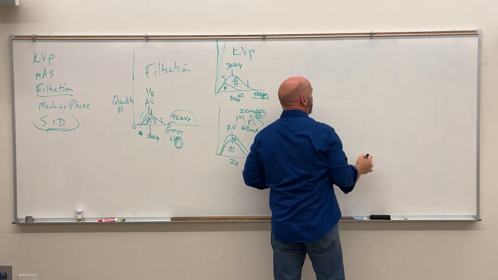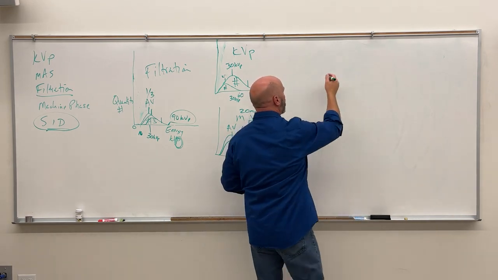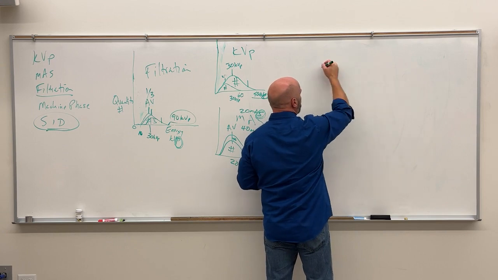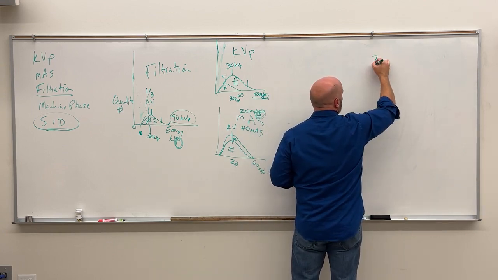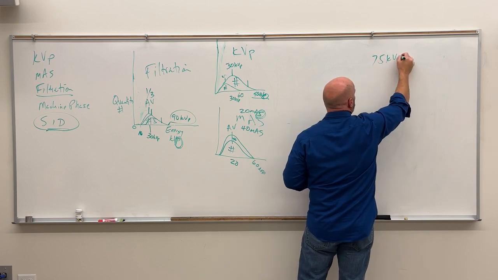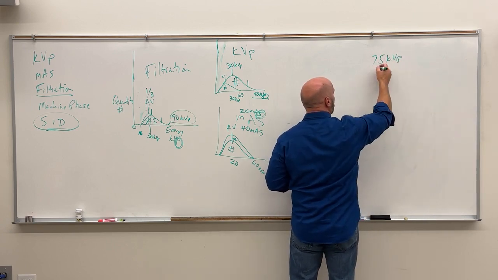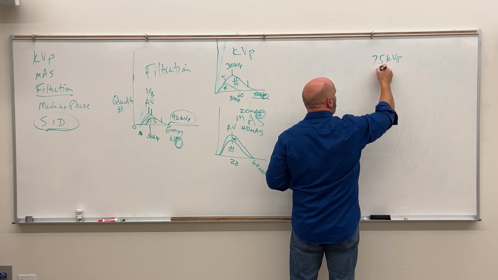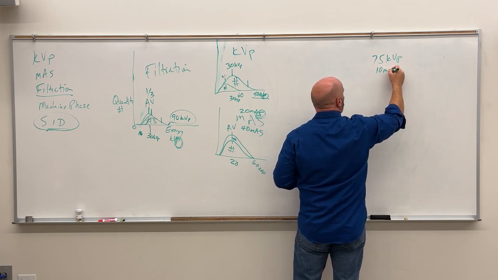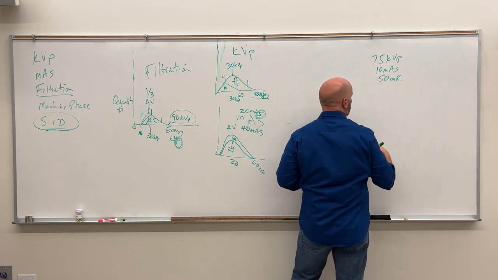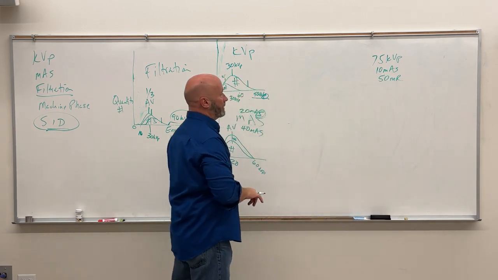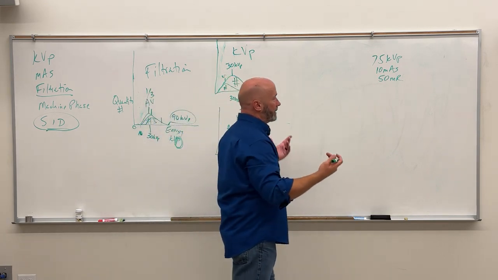If we have two X-ray tubes, both of them, let's say, are making an exposure of 75 kVp. KVP really doesn't matter in this case. We are making an exposure of 10 mAs, and that gives us 50 milliroentgens. It doesn't matter, just a number.